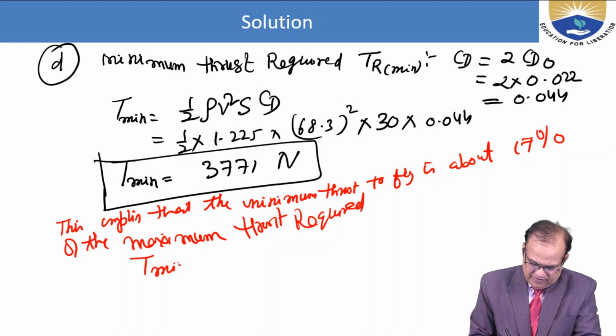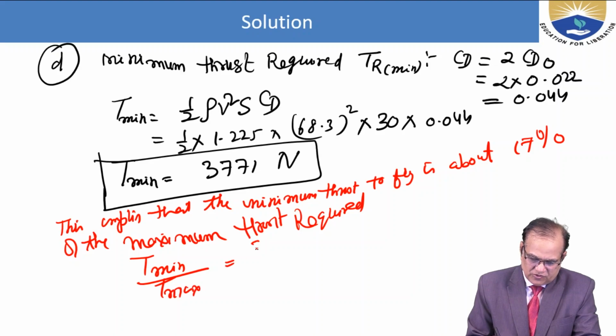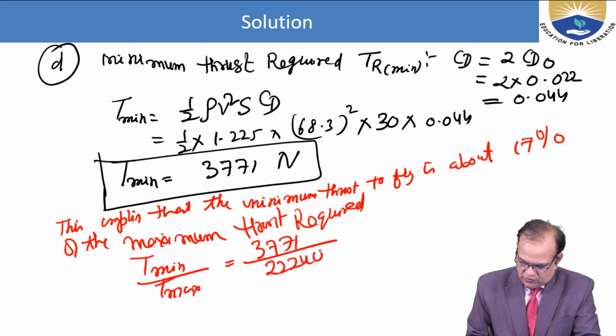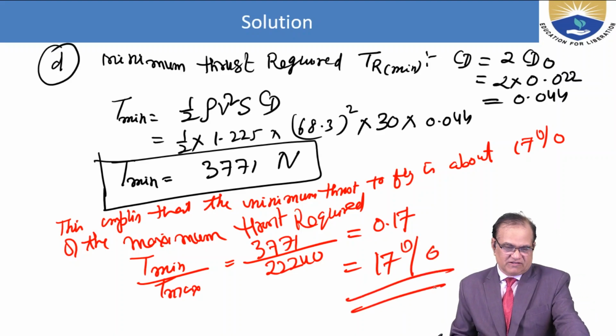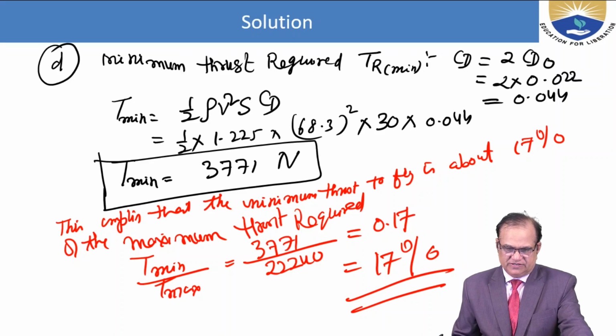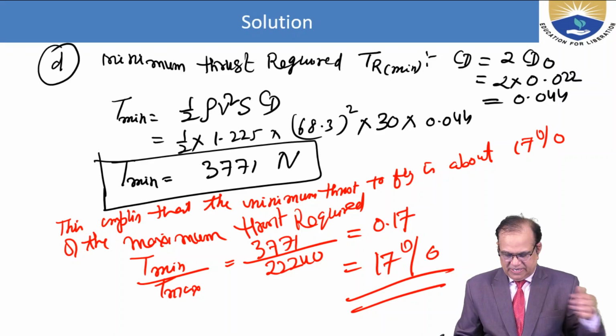So T minimum divided by T max is equal to 3771 divided by 22240, which is 0.017 or 17%. So this is the conclusion for this numerical.